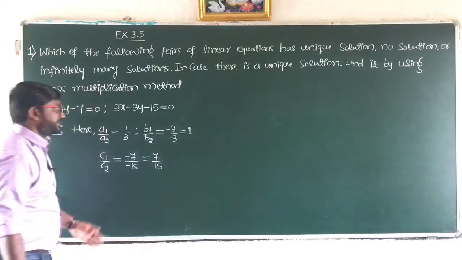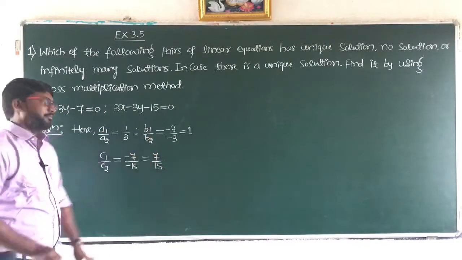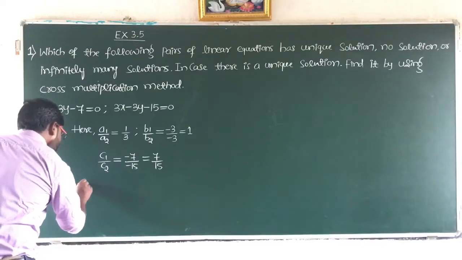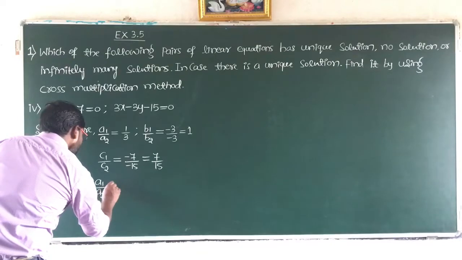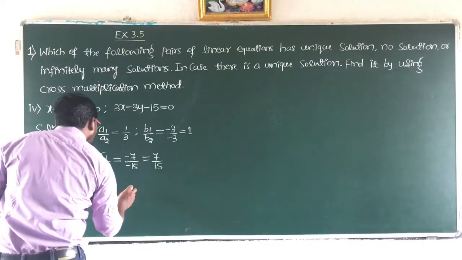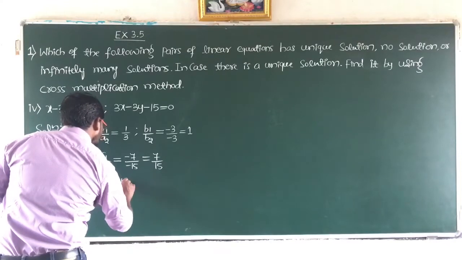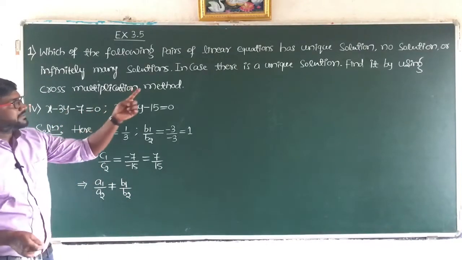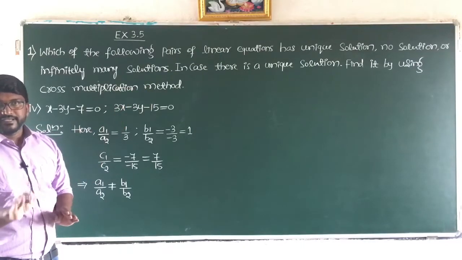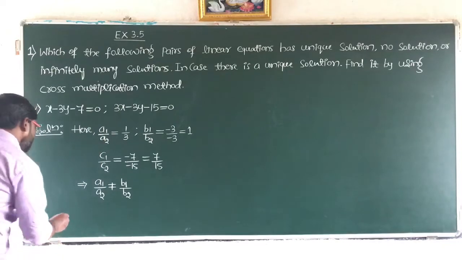So from this it is clear that A1 by A2 is not equal to B1 by B2. Then the given pair of equations has a unique solution. If it has a unique solution, we have to find the solution by cross multiplication method.